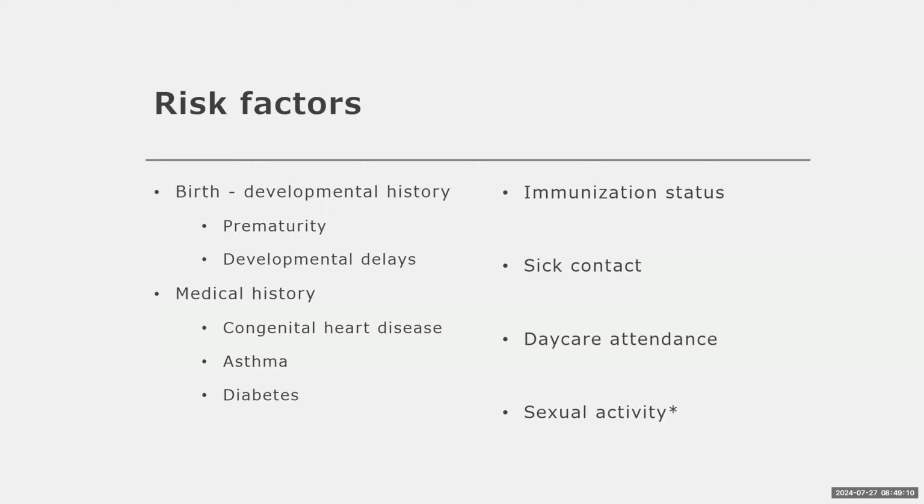Daycare attendance is another one, because daycare is like a petri dish, right? Everyone gets sick there, they bring the germs back home. So it also gives you an idea of where the potential sick contact comes from. And then sexual activity, especially for younger teens, right?